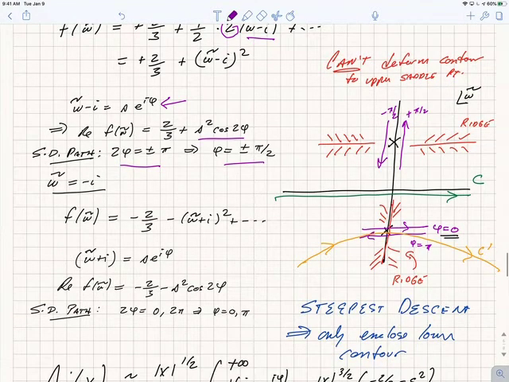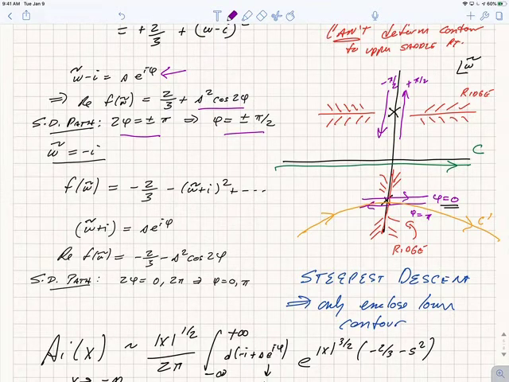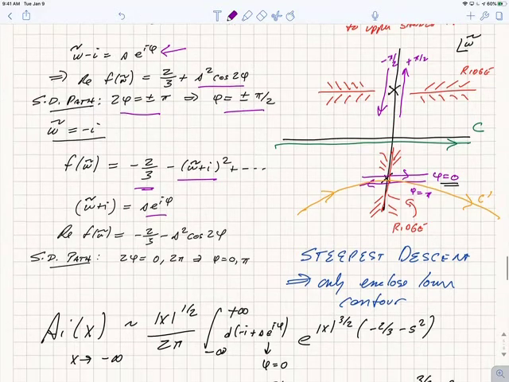I've started to draw this diagram on the right, but let me first talk about what happens around minus i. Here's the value of the function, and the value of the second derivative is opposite what we had before. So if we think about going in the phi direction around the saddle point at minus i, the real part of f of omega is minus 2/3 minus s squared cosine of 2 phi. So cosine of 2 phi has to be either 0 or pi, or phi has to be 0 or pi.